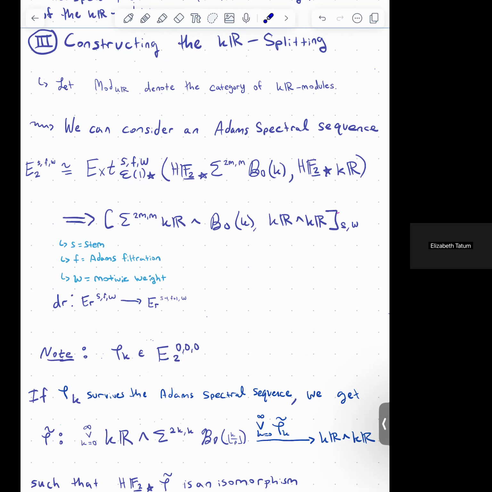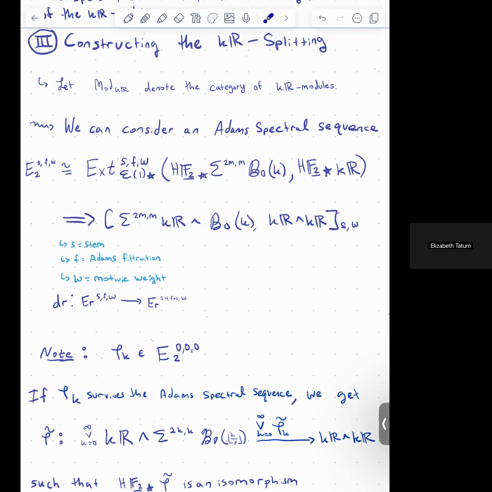We're looking at the HF2 star homology of this equivariant Brown-Gitler spectrum and the HF2 star homology of this equivariant KR. And this is going to converge again to maps from KR smash B0K to KR smash KR.